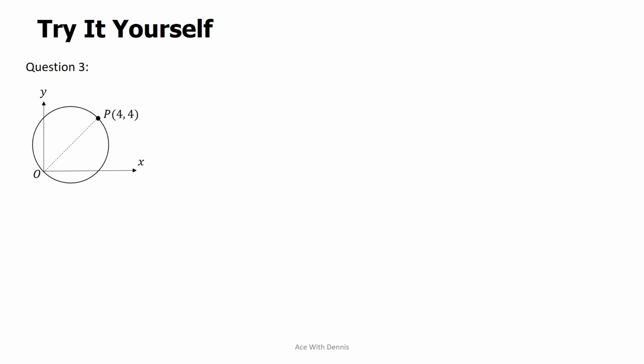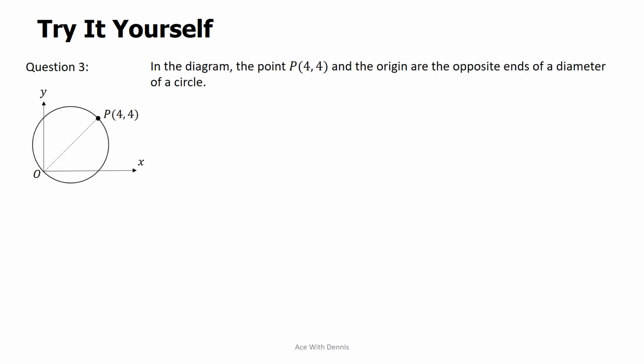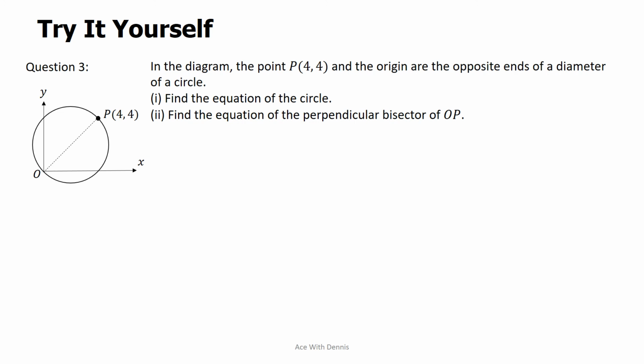Question number 3. So this is the diagram shown. In the diagram, the point P (4, 4) and the origin are the opposite ends of a diameter of a circle. 1. Find the equation of the circle. 2. Find the equation of the perpendicular bisector of OP.